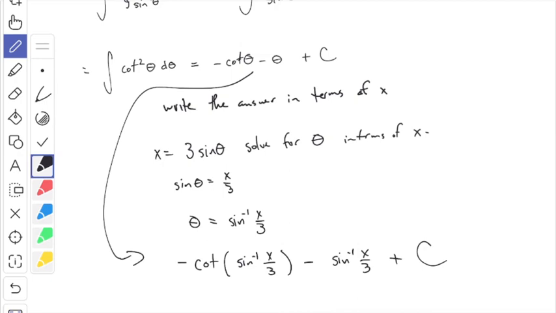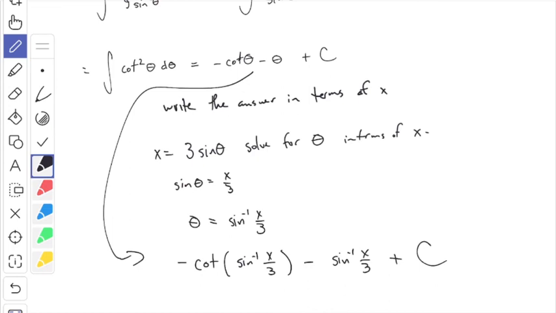This is in terms of x. All right? Now, one more step. You could leave it at this, and this is fine as an answer, but the book likes to simplify this a little more, and I kind of like it too. On a test, I might say something like, simplify as much as you can any inverse trig functions.